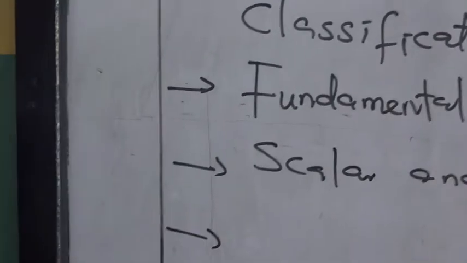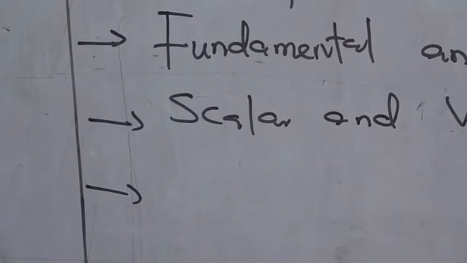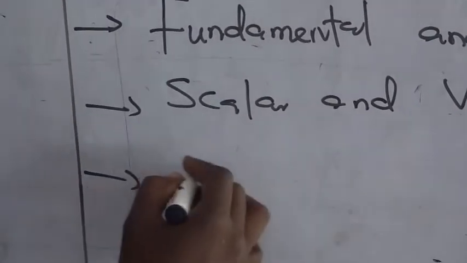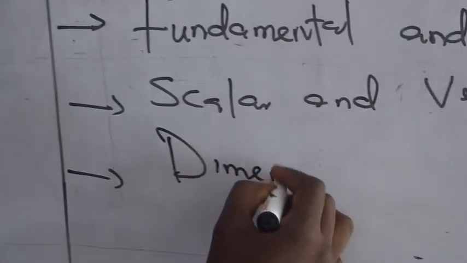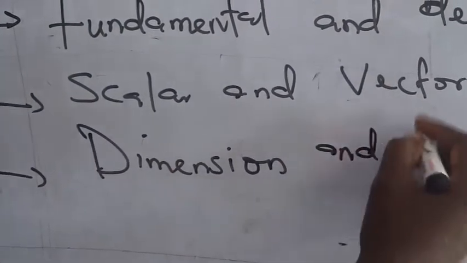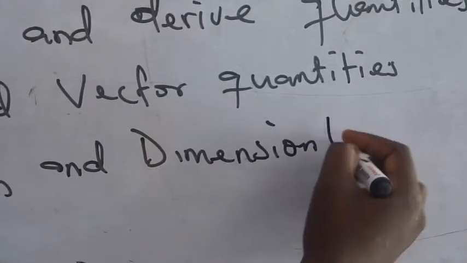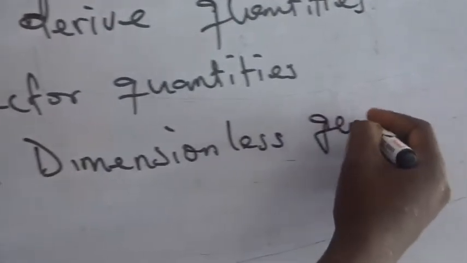We also have scalar and vector quantity. We have fundamental and derived quantity. We also have dimensional and dimensionless quantities.